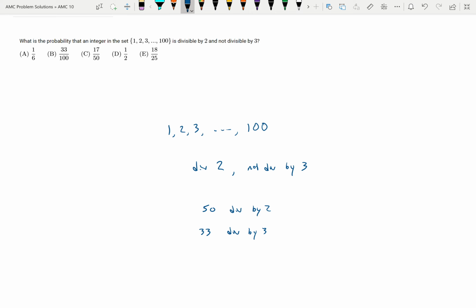So basically, a number is going to be divisible by 2 and not divisible by 3 when it's divisible by 2 and not a multiple of 6.